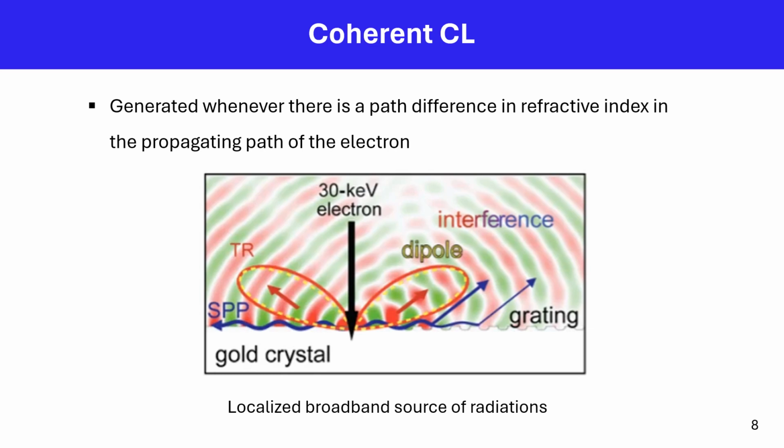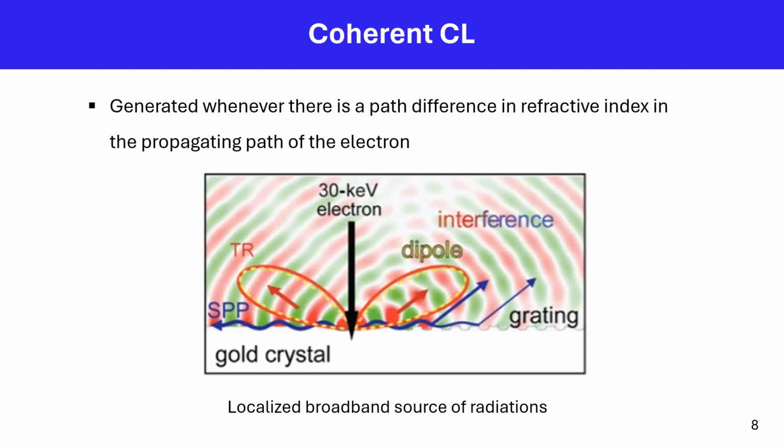When a high energy electron beam is incident and the electron passes through the material at the interface, it polarizes the material, and that polarization leads to interaction with different optical modes. It can also interact with the electromagnetic wave, and between the two optical modes.